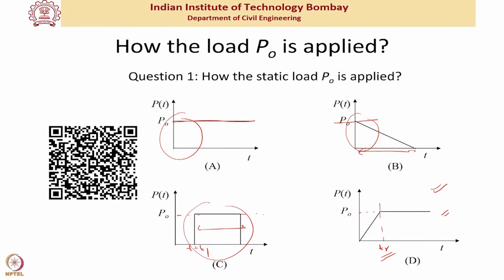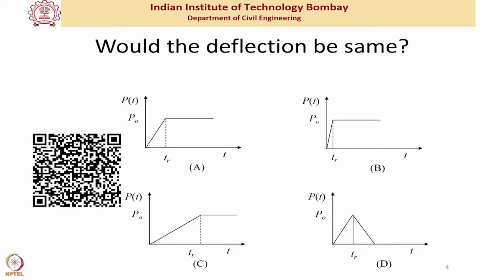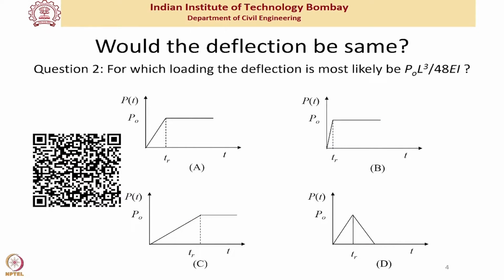Now let us come to our second question. My second question is, out of these four options, or the four load representations that I've shown here, which one would give you a deflection that is most likely to be the value P naught L cube by 48 EI?